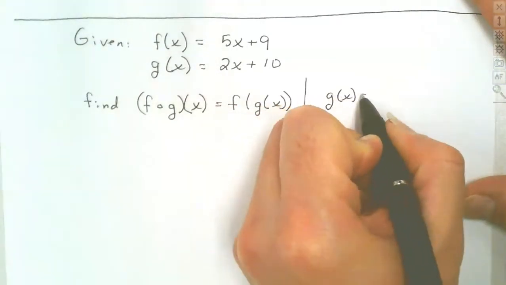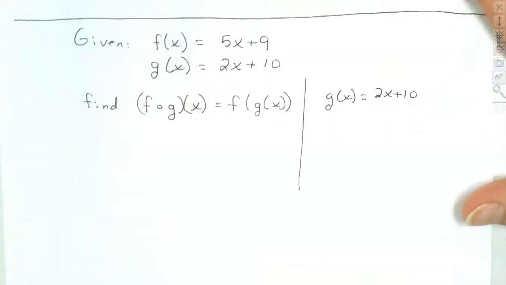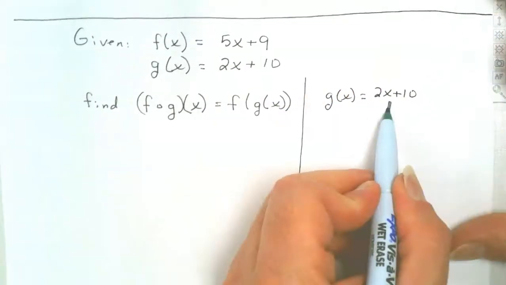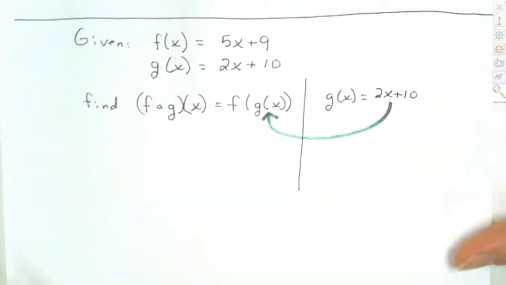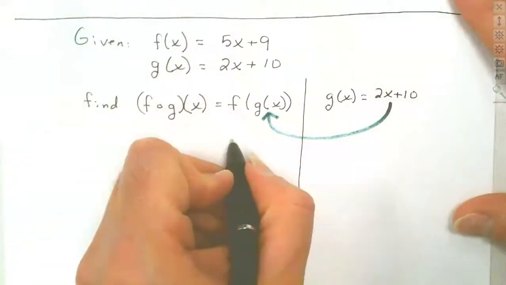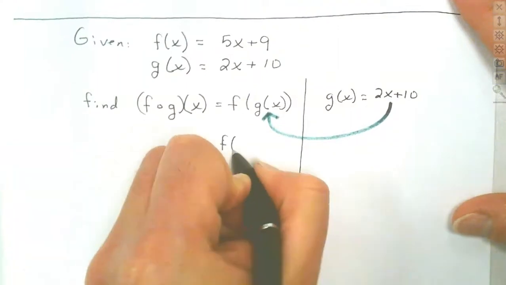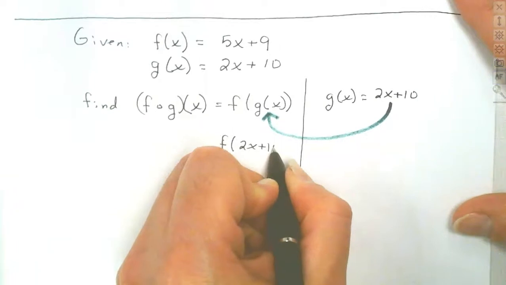G of x, if we write it out, is 2x plus 10. So that 2x plus 10, all we do is we plug it in. Just plug it in. We don't have to do anything else. Now we want to find f of 2x plus 10.